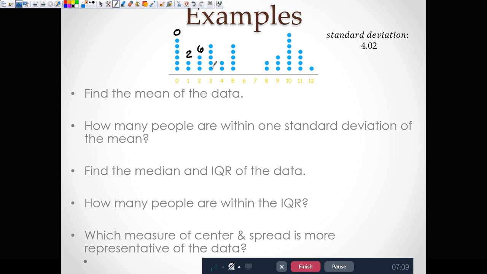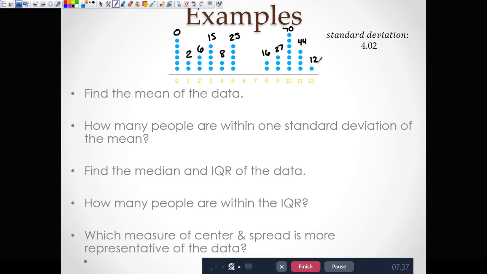3 times 5 is 15, and 2 times 4 is 8. 5 times 5 is 25. 2 times 8 is 16. 3 times 9 is 27. 7 times 10 is 70. 1 times 12 is 12.